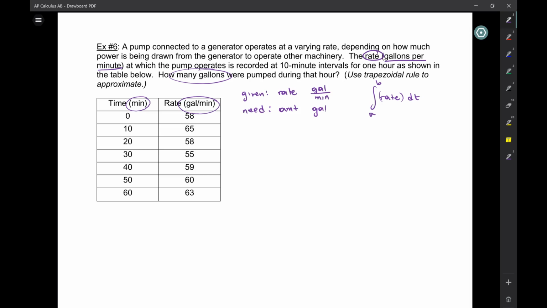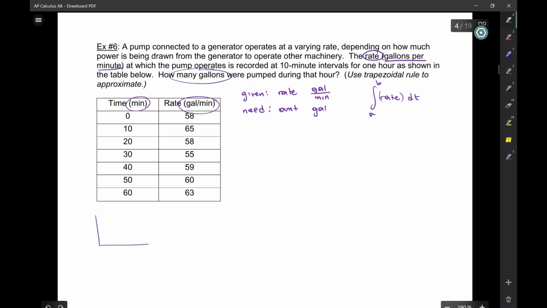Integral means area. And if you have a list, do we know we use the trapezoidal rule? I've told you here, use trapezoidal rule, but what if I hadn't told you? This is why I was saying all that preliminary stuff. What I need is this times dt. That's the integral. What else does integral mean? Area. How do I find area? Trapezoidal rule.